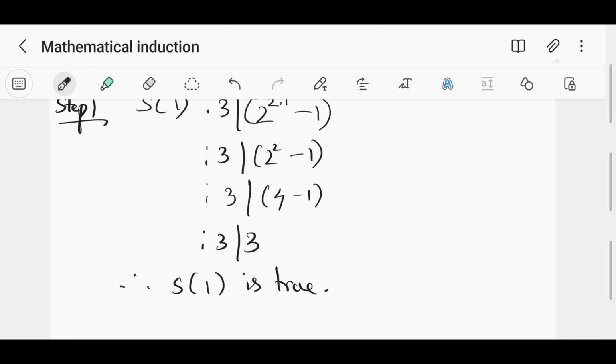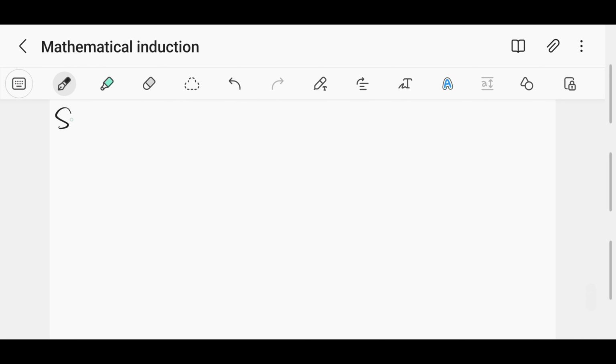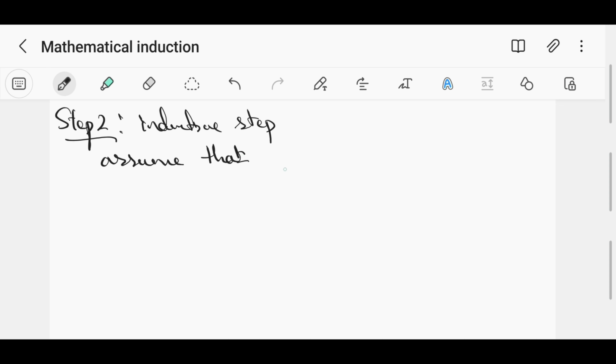That's all. Step 2 is an inductive step. What do we do? We just assume here. We are not proving anything here. We just assume that S of k is: in place of n, just substitute k. 3 divides 2 to the power 2n we had, right?